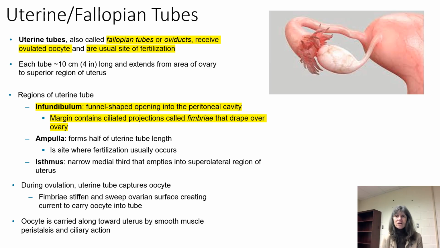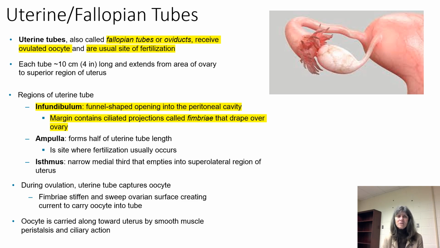That occurrence is what we refer to as an ectopic pregnancy. Each of the fallopian tubes is approximately 10 centimeters or 4 inches in length. It extends from the area surrounding the ovary to the superior portion of the uterus. And there are different regions of the uterine tube.